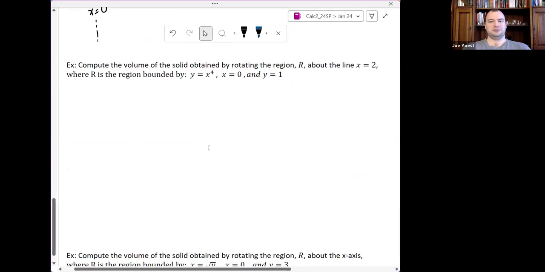Okay, so the next one, similar idea. A little bit of a difference here. We're rotating this region about the line x equals 2. So not about one of the axes. Okay, so let's look at our region.